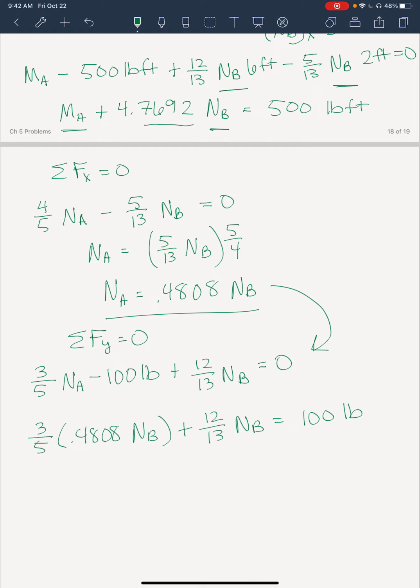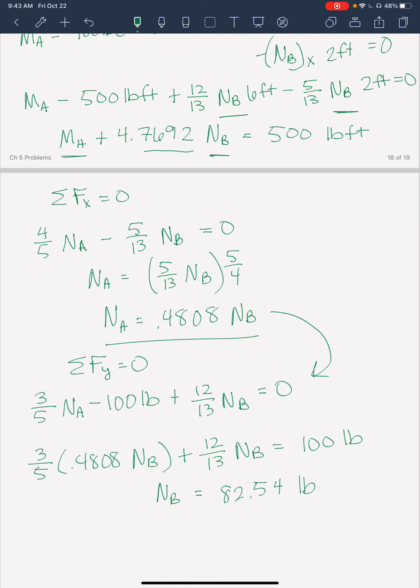I'm going to use my calculator. So we get MB equals 82.54 pounds.